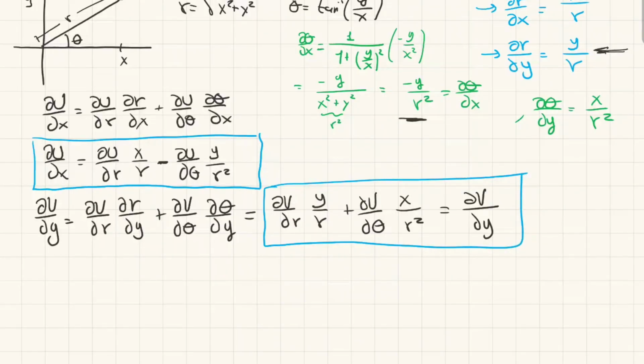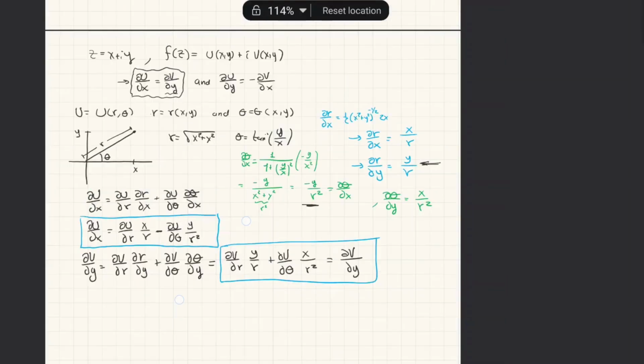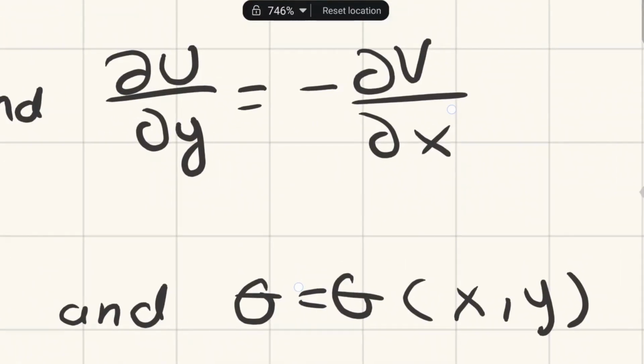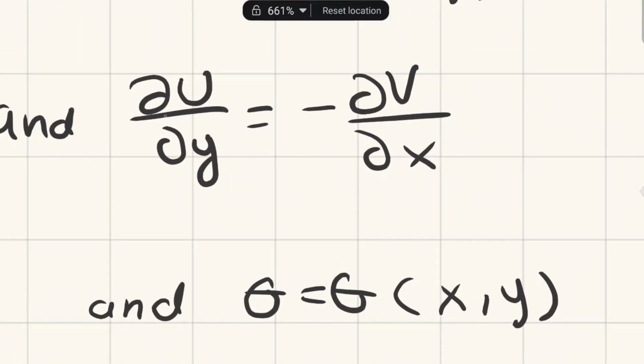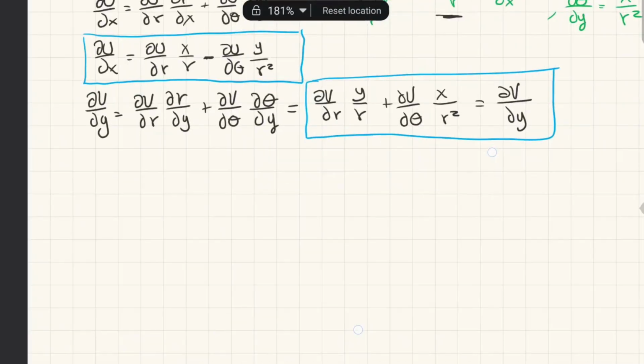So as you should guess, we are going to do the same, but now with the second Cauchy-Riemann equation. We now need to calculate the derivative of u with respect to y.